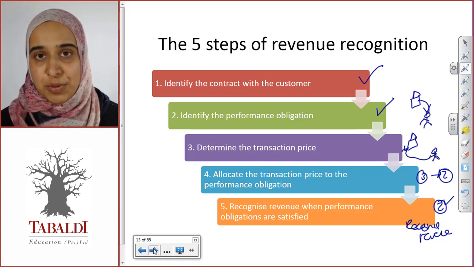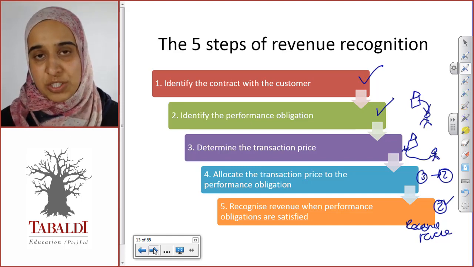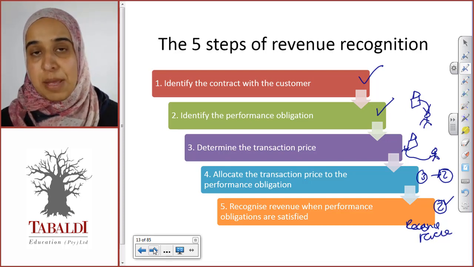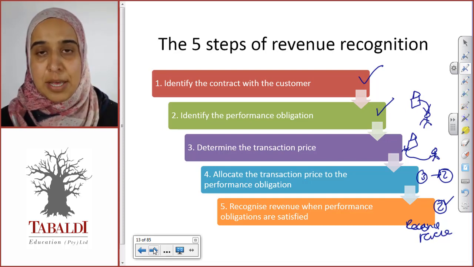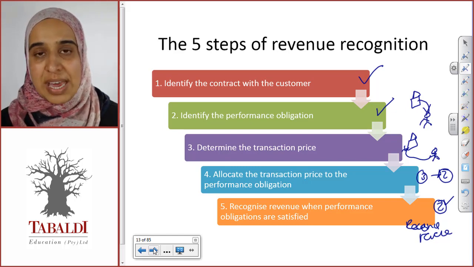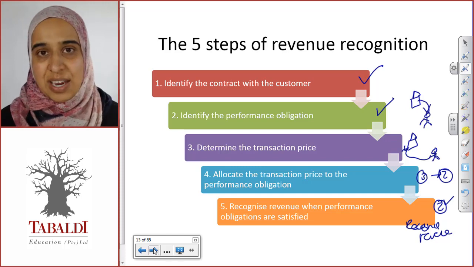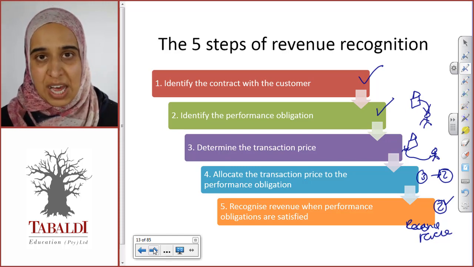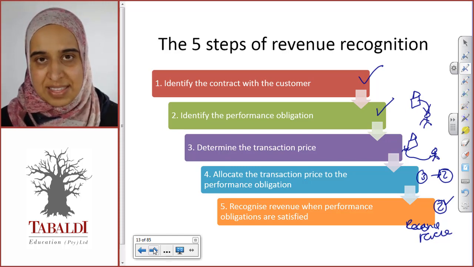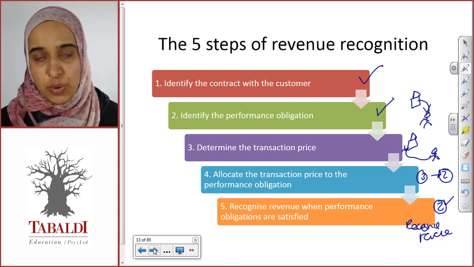This is going to help you then answer any test question or exam question appropriately and be able to earn the maximum amount of marks. But remember, always try to understand the concepts. Don't swot these steps, but rather try to understand what these steps are saying and how you can then apply these steps whenever you get a test question or an exam question.